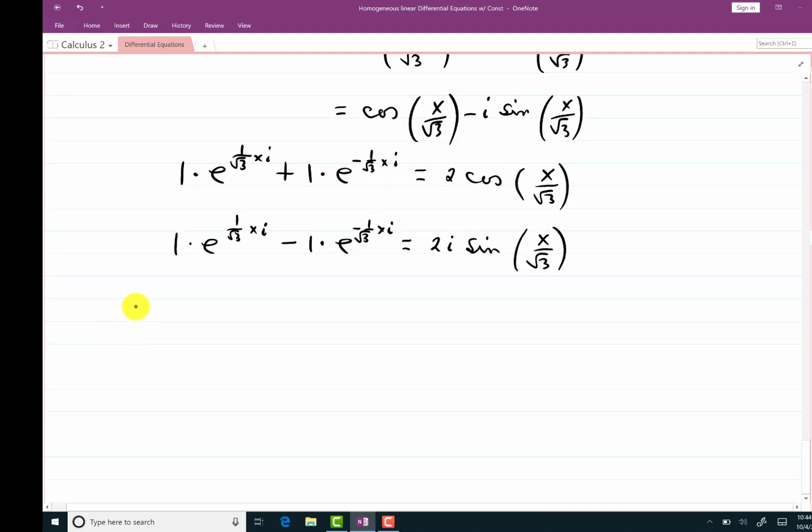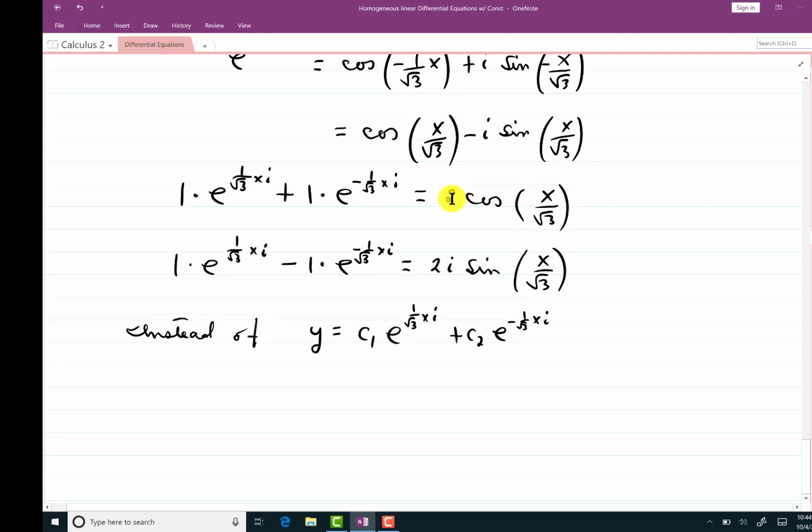So instead of writing our general solution as C1 e to the 1 over radical 3 xi plus C2 e to the negative 1 over radical 3 xi, I use the fact that here's two linearly independent solutions.